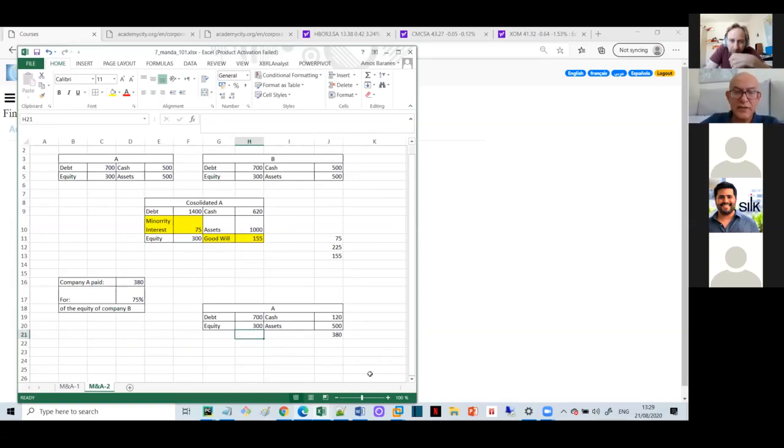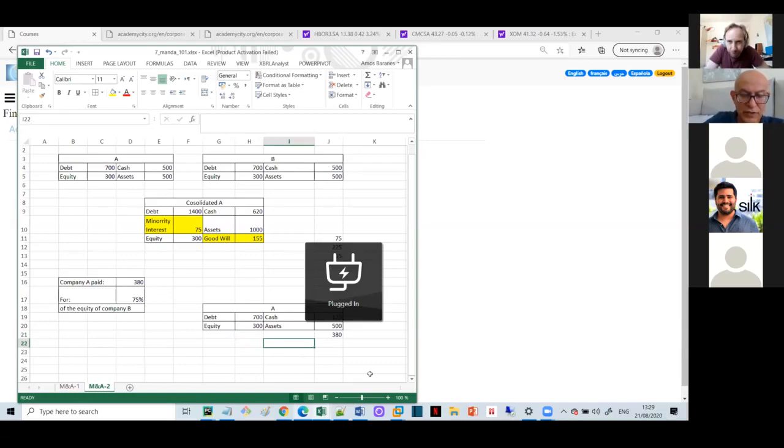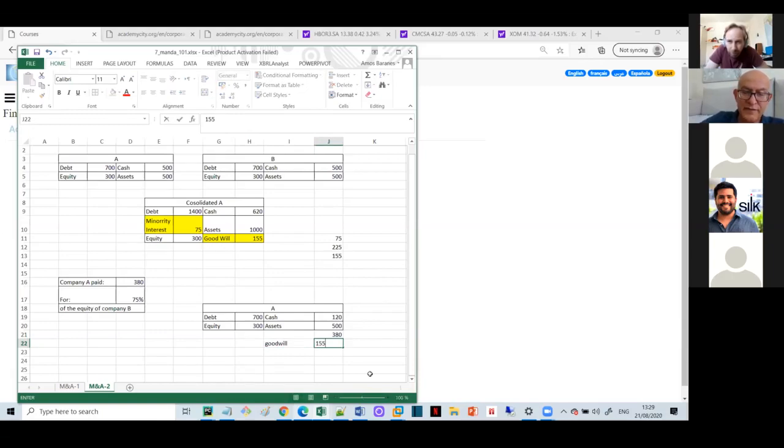Stage number one, we know that we overpaid or we paid as a goodwill $155. That means how much this amount supposed to be here now? Anybody? 225.